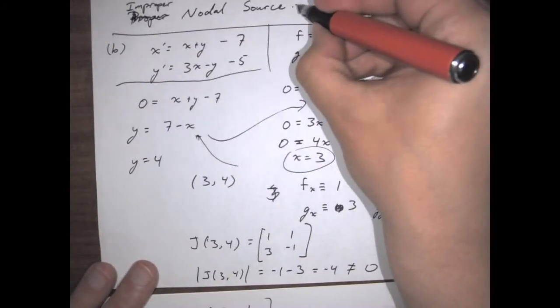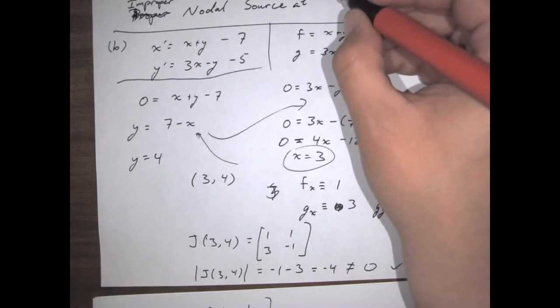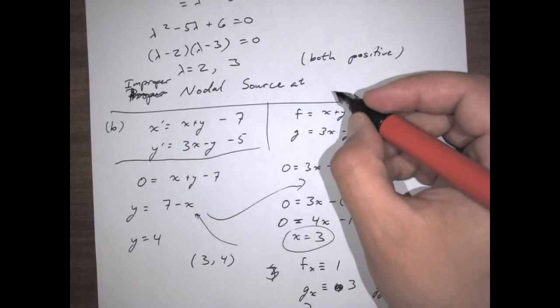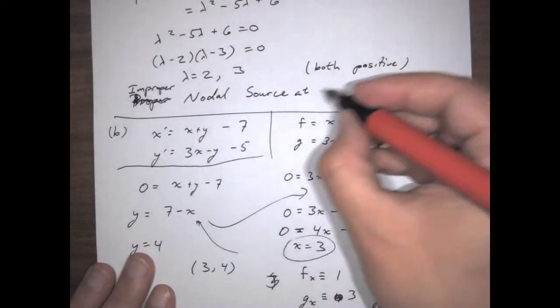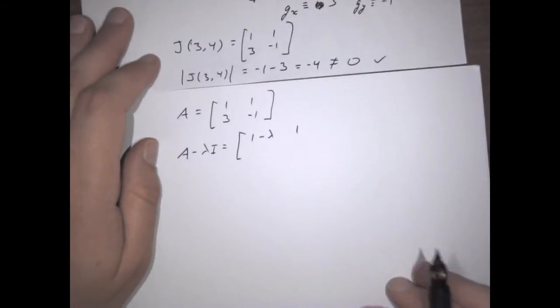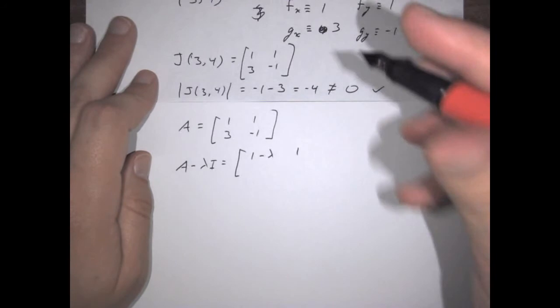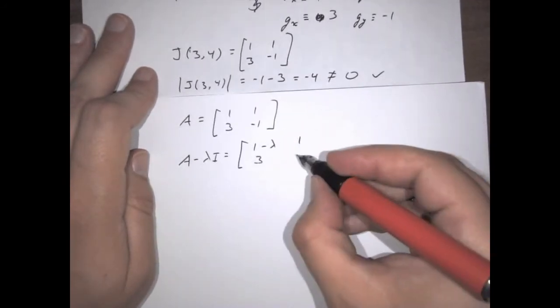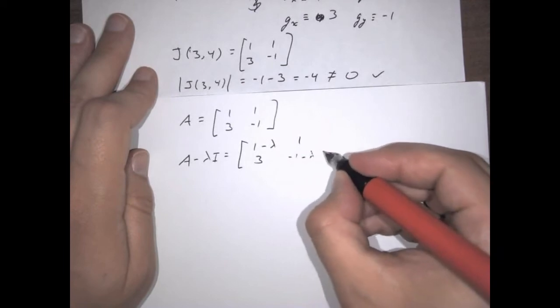I should say at the point in question, which, in the previous one, go back and say at what point, and it was at 2 comma negative 3. That was it for the previous one. Let me just confirm that. Okay, so then 3, negative 1 minus lambda.